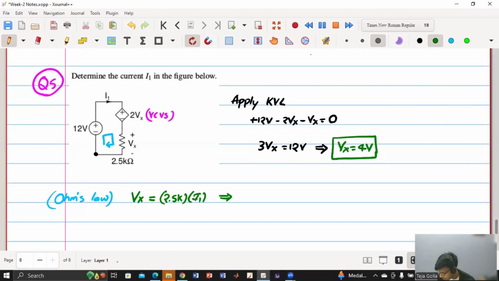So I1 is nothing but 4 volt by 2.5 kilo ohms. So can someone tell me what is the value of I1? Anyone? 1.6. Yes, 1.6 milli. So you should always mention the unit. So 1.6 milliamperes.